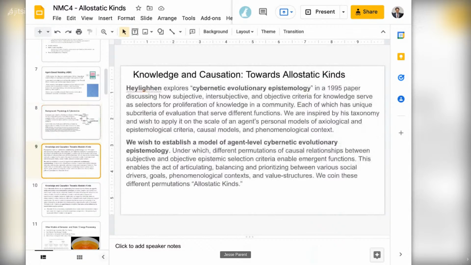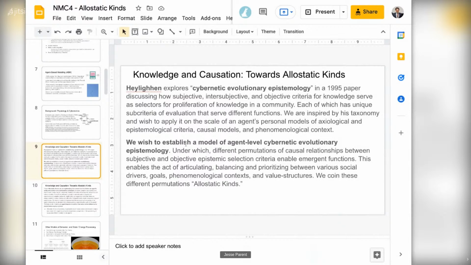Regarding allostatic kinds broadly, Heylighen explored these cybernetic evolutionary epistemologies in a 1995 paper, and they have unique criteria of evaluation that serve different functions. We were inspired by his taxonomy, which we apply on the scale of an agent's personal models of axiological and epistemological criteria, and causal and phenomenological context.